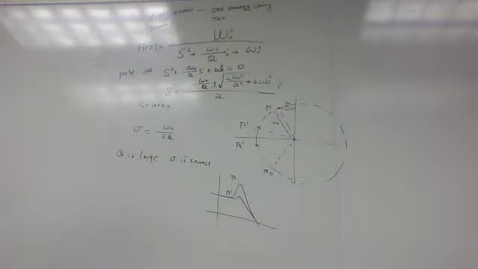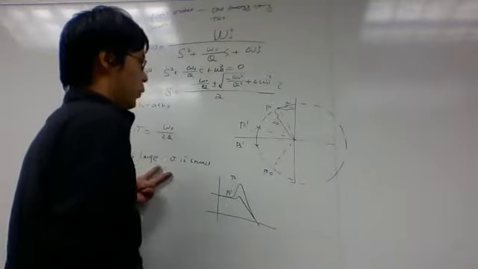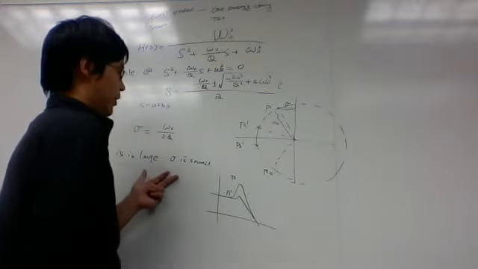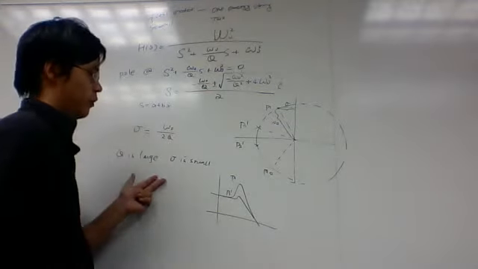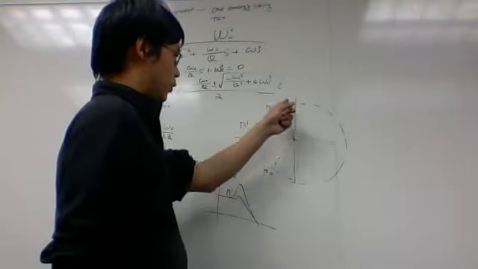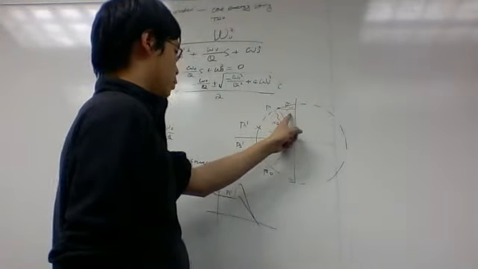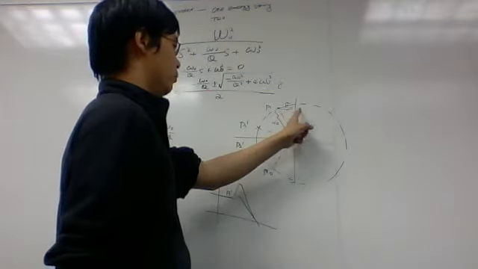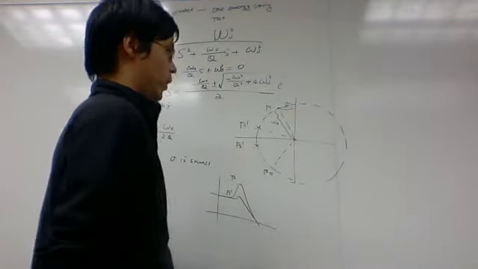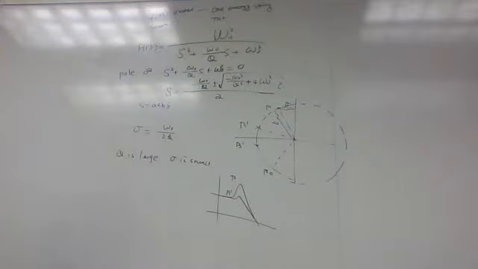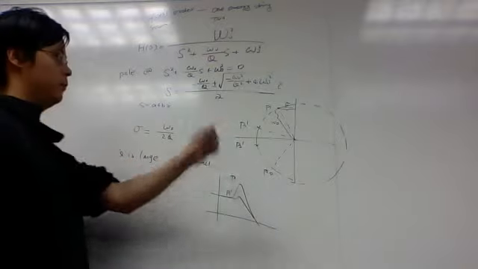If Q of the pole, or the second order section, is large, then omega 0 over 2Q for the same natural frequency will be closer to the j omega axis, right? That's what I want to show here.